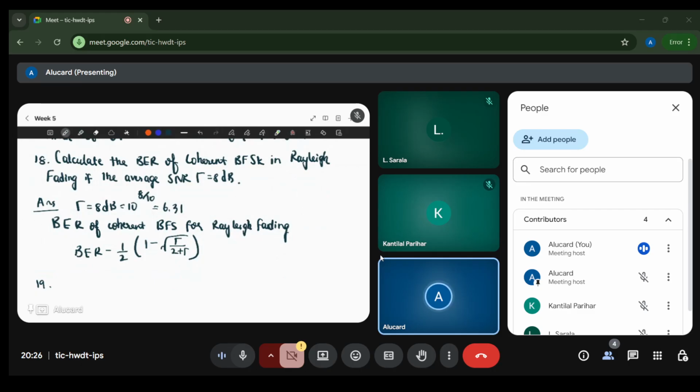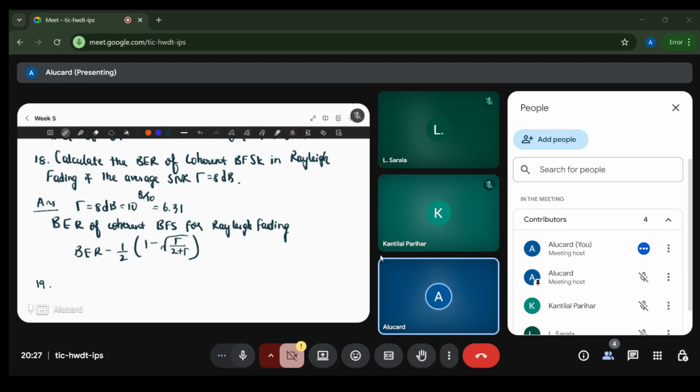Okay, question 19. An M by N interleaver takes MN bits as input, inserts them column-wise into an M by N matrix, and the output bits are produced by reading the elements of this matrix row-wise. Consider an 8 by 10 interleaver at the transmitter.